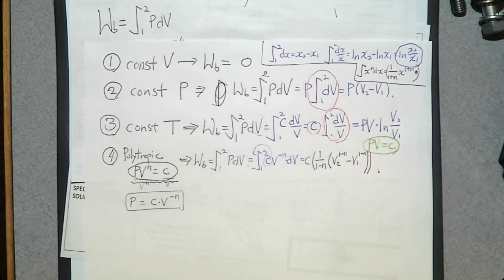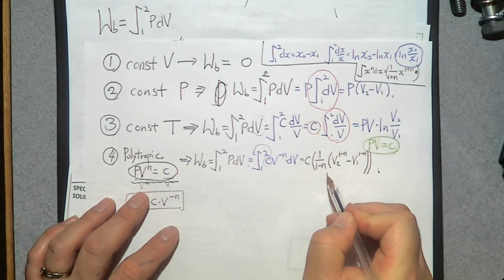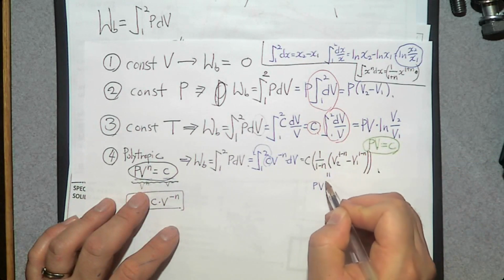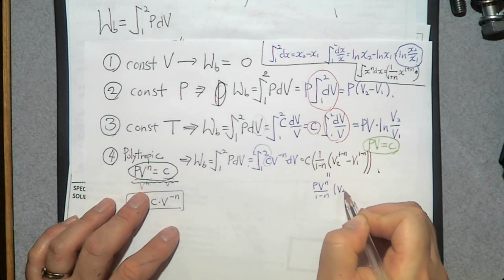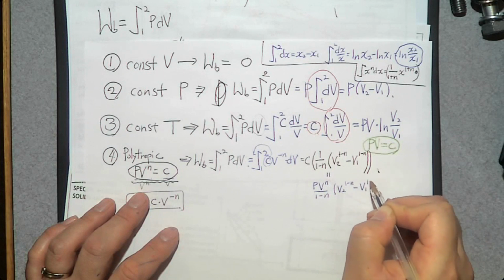So this is it. Then what is this C? This C is PV to the power n. So this equation becomes PV to the power n over 1 minus n times V2 to the power 1 minus n minus V1 to the power 1 minus n.